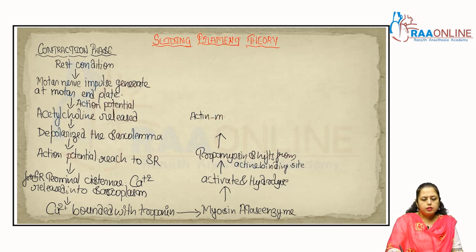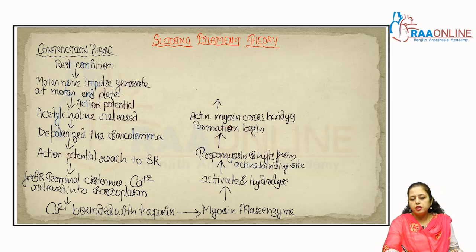Actin myosin cross bridge formation begins. And due to the repeated formation of cross bridges, what will happen?